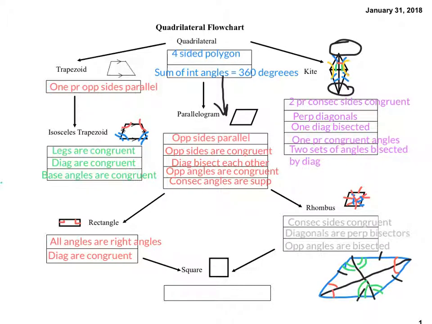Now, the square is the most special, in my opinion, and that would be because it has all of the properties of a rectangle and of a rhombus.